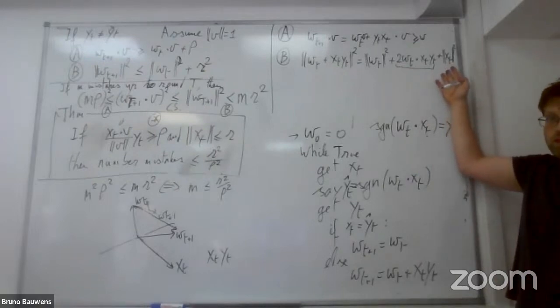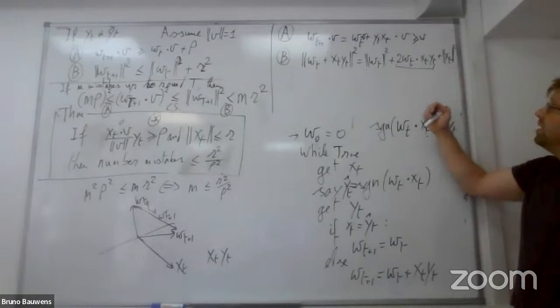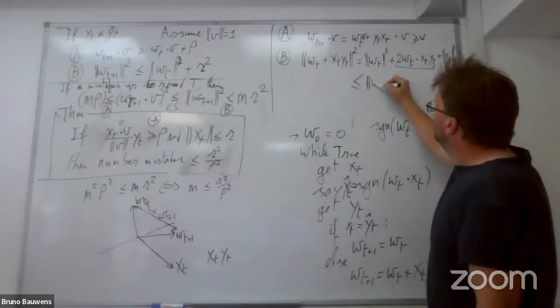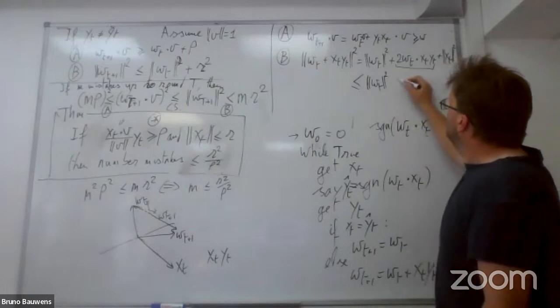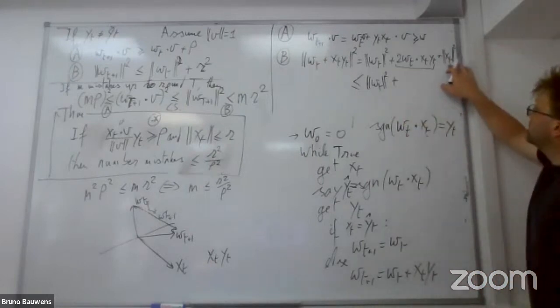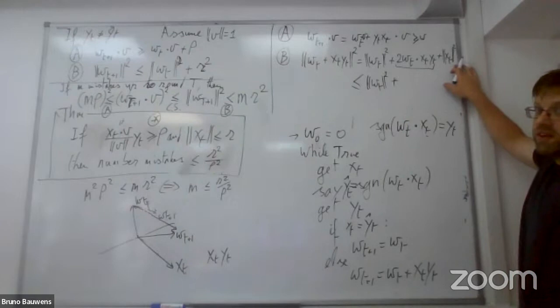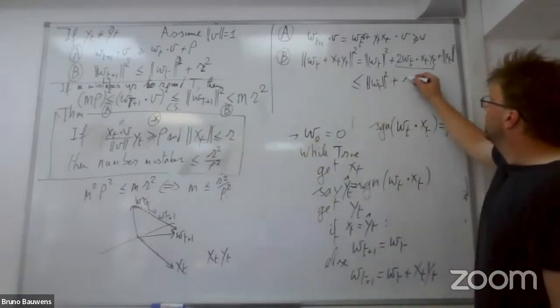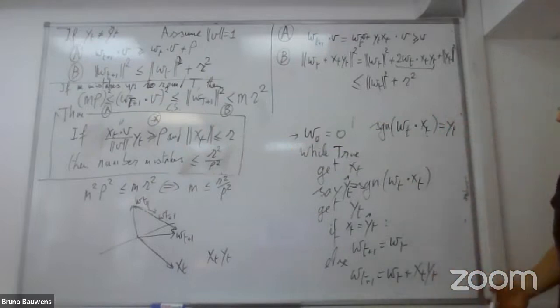That means if we drop it, we get an upper bound: W T squared plus, and then we also get an upper bound for the norm of X T squared from the assumption here. So we're done. This is the proof of B.